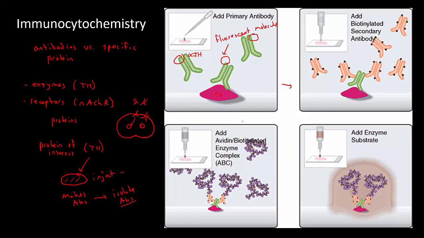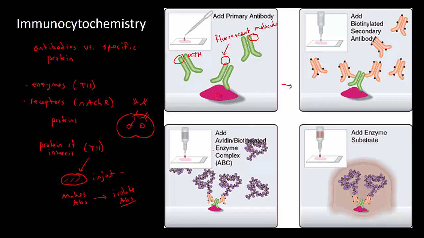I then incubate with another chemical and run some biochemical tests on it. This is a big enzyme that catalyzes a reaction that ends up with a product I can see. So we take the second antibody, it binds to this.